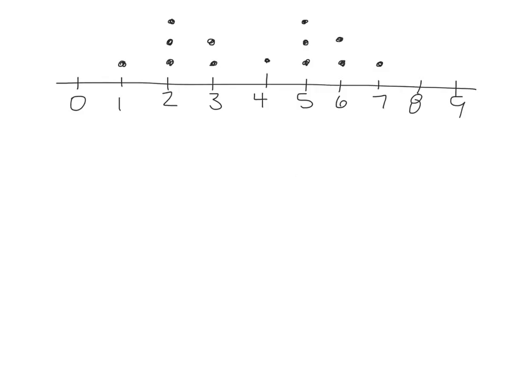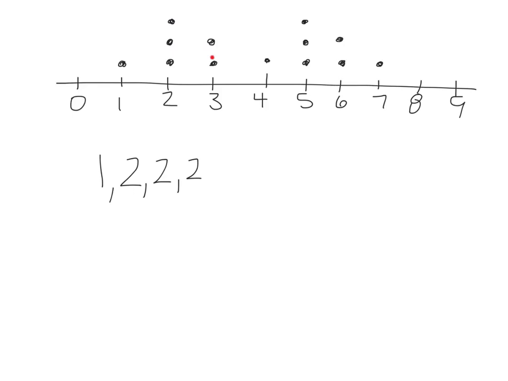So now I can do the reverse of what I just did. So this time I'm starting with the dot plot, and I am going to write the numbers that are represented in this dot plot. So for example, there's 1 dot above the 1, so this represents one 1. There are 3 dots above the 2, so this represents 3 2s.